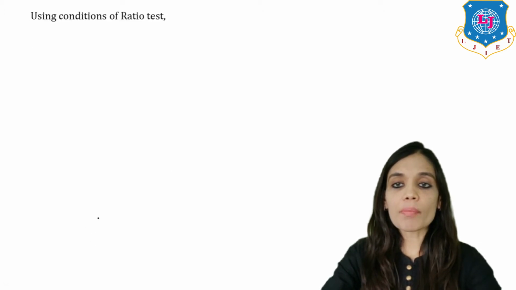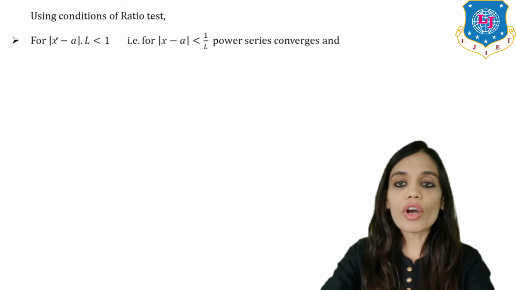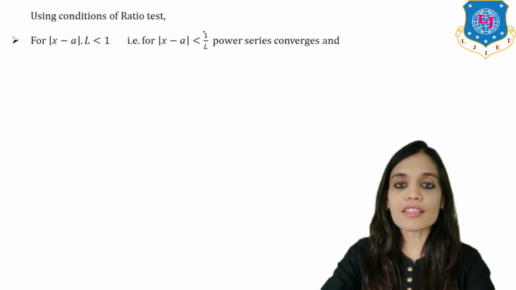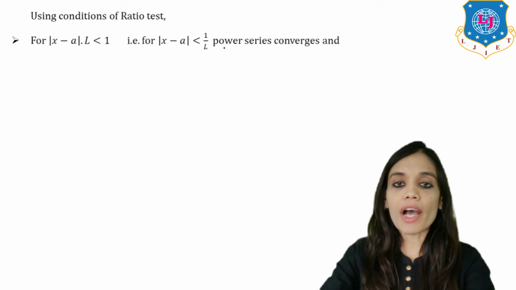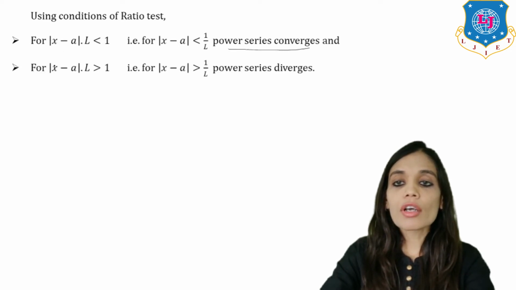Now let us apply the conditions of the ratio test. For mod x minus a into l less than 1, that is, for mod x minus a less than 1 upon l, the power series converges. For mod x minus a into l greater than 1, that is, for mod x minus a greater than 1 upon l, the power series diverges.